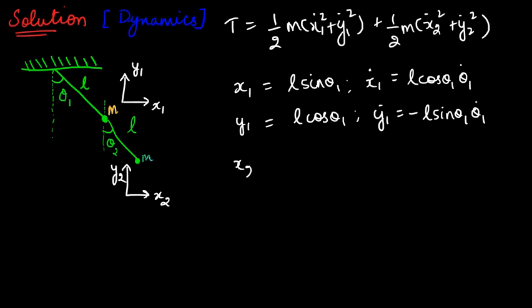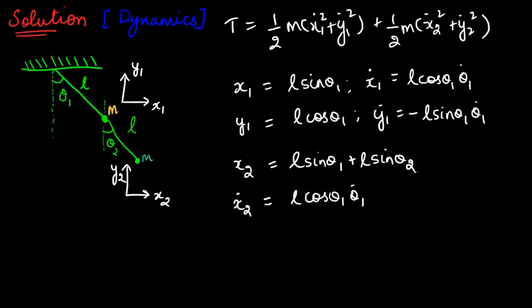Similarly here x2 will be L sine theta 1 plus L sine theta 2, and x2 dot will be L cos theta 1 dot plus L sine theta 2 dot.